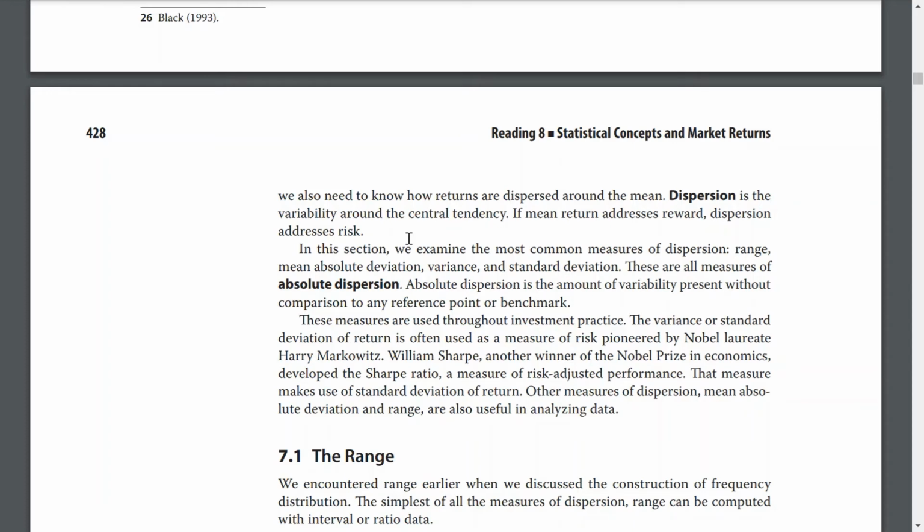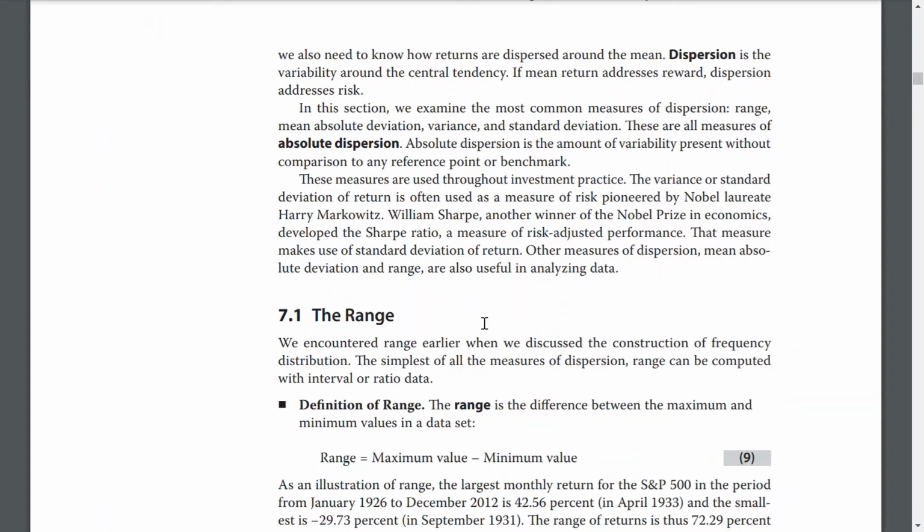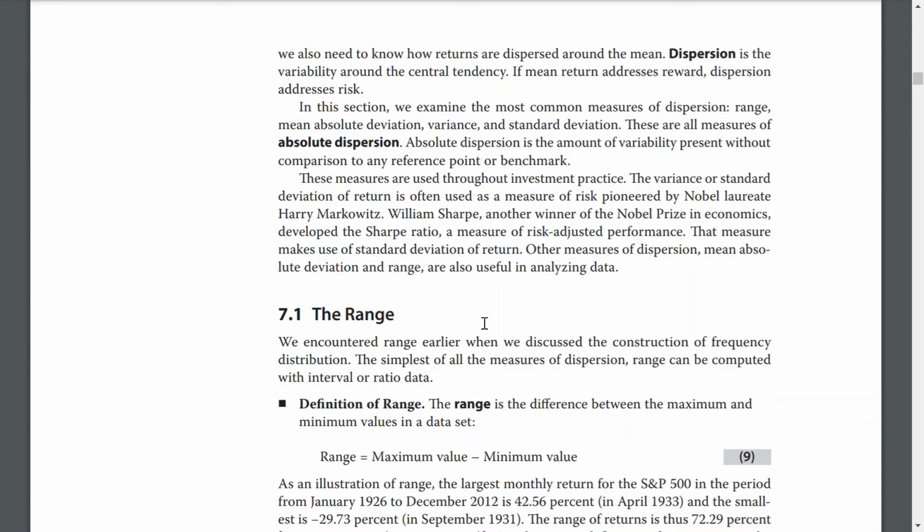In this section, we examine the most common measures of dispersion: range, mean absolute deviation, variance, and standard deviation. All of these are measures of absolute dispersion. Absolute dispersion is the amount of variability present without comparison to any reference point or benchmark. These measures are used throughout investment practice.